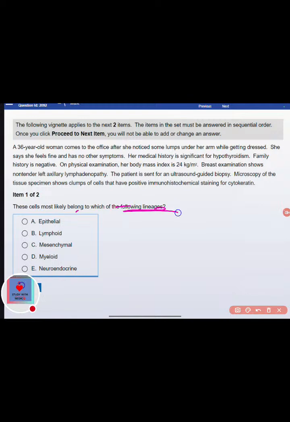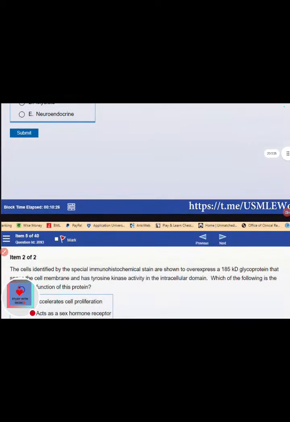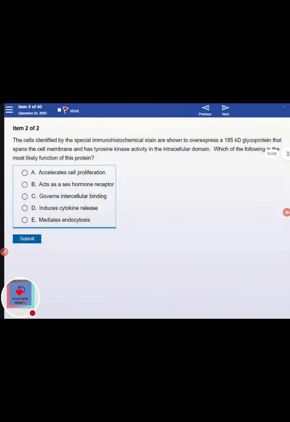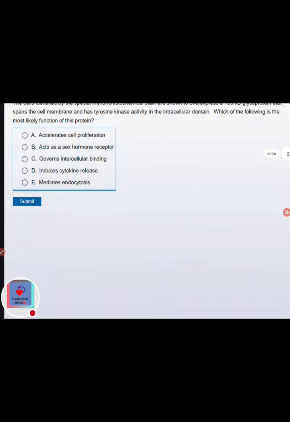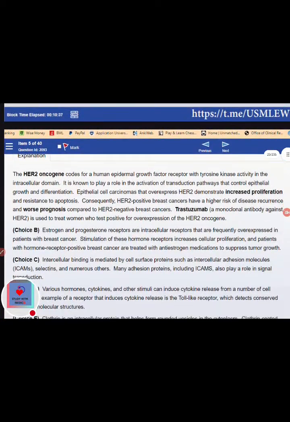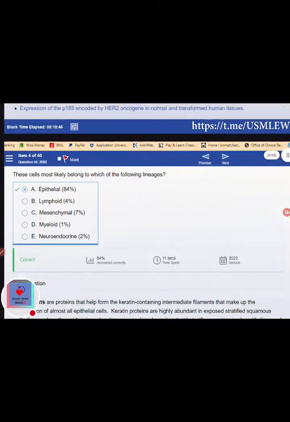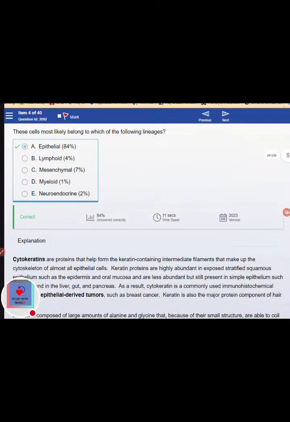So, what is the lineage? Epithelial, lymphoid, mesenchymal, myeloid, endocrine. Now, tell me what is the answer? It is epithelial lineage.